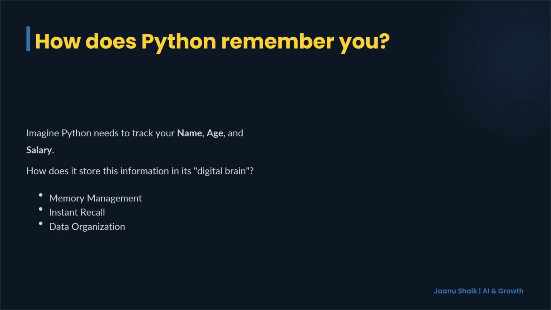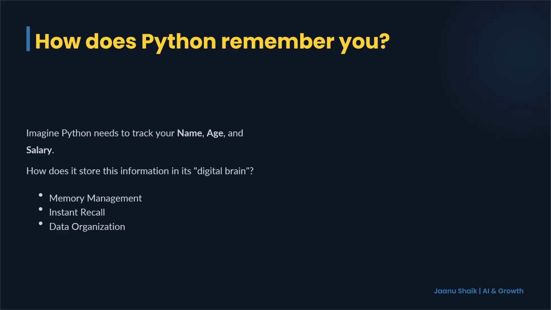At one memory location it will store the name, in the second memory location it will store age, and in the third memory location it will store salary. Coming to instant recall, as these three things are stored in three different memory locations, we can easily access those memory locations in our program. That is called instant recall.